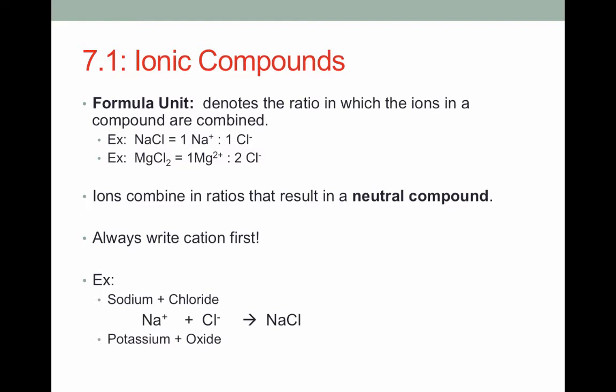Another example, potassium oxide. Potassium is K+ and oxide is O2-. K is our positive ion, so it gets written first, but since we have a 2 negative anion, we need 2 positive potassiums to balance out the 2 negative oxygen, so we get K2O.